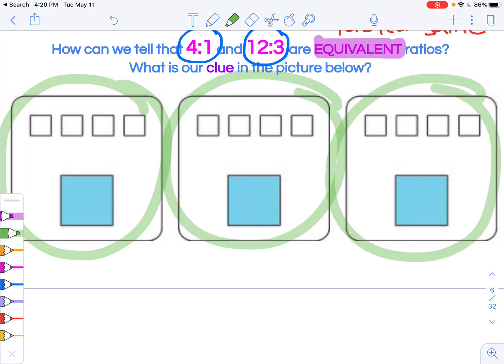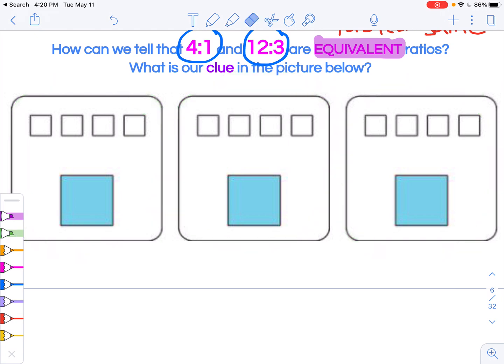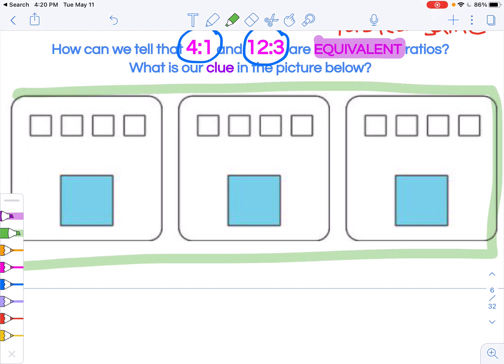In the third one, we have 4 spoons to 1 cup of water. Because the pattern continues, it repeats, we can say that 1 small cup of 4 to 1 would taste exactly the same as putting all 3 cups into 1 big cup and saying, I want 12 spoonfuls of Kool-Aid mix.